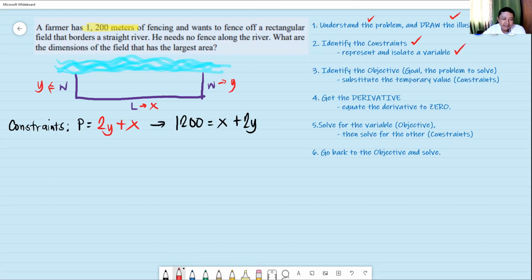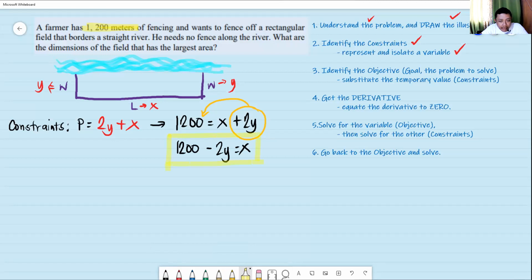So, to isolate x, let us transpose 2y to the other side. For the isolation of the variable, we will have here 1,200 minus 2y is equal to x. There you go.